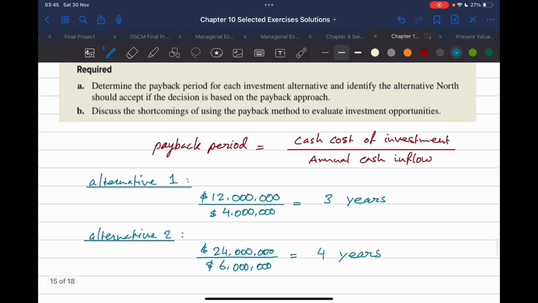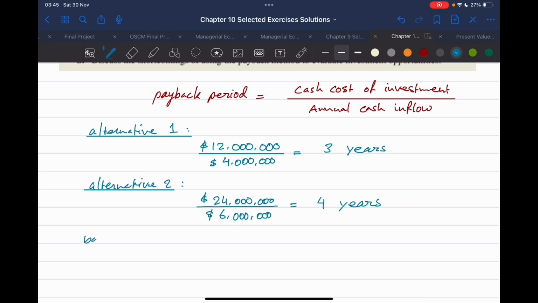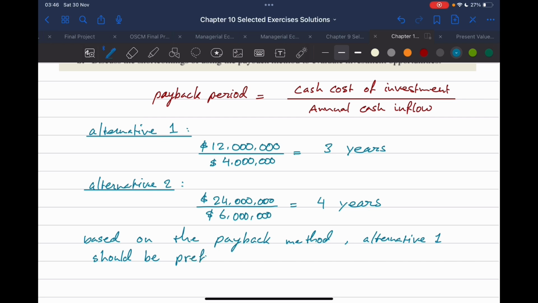All right. So based on the payback method, alternative 1 should be preferred, or alternative 1 should be selected.